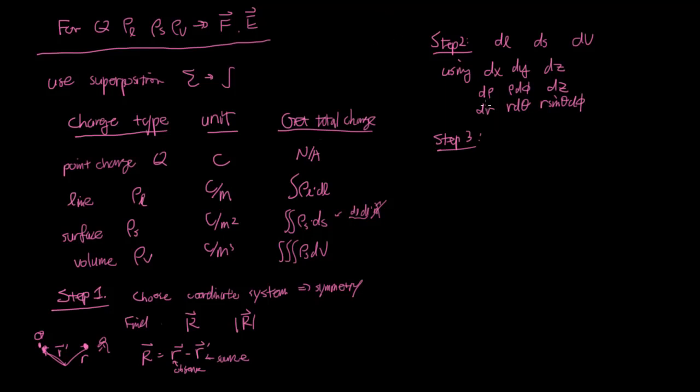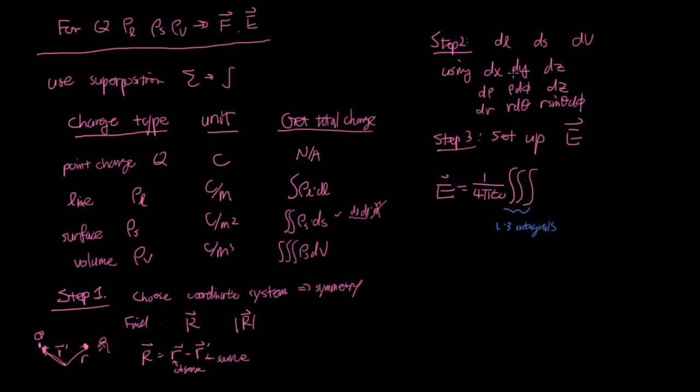Once you've done that, set up an expression for the electric field. So I'm just going to write very generically, the electric field is going to be equal to 1 over 4 pi epsilon naught. And over here, you would have anywhere between 1 to 3 integrals, depending on what you're given.